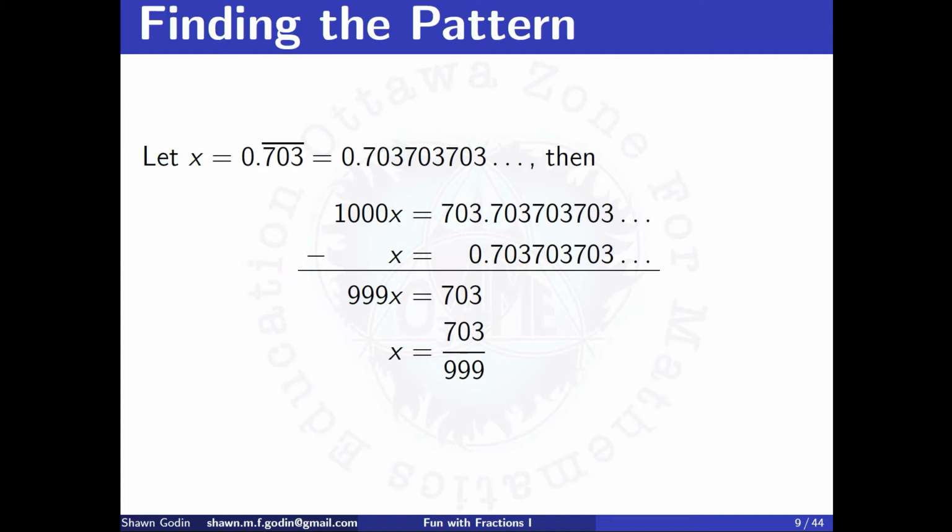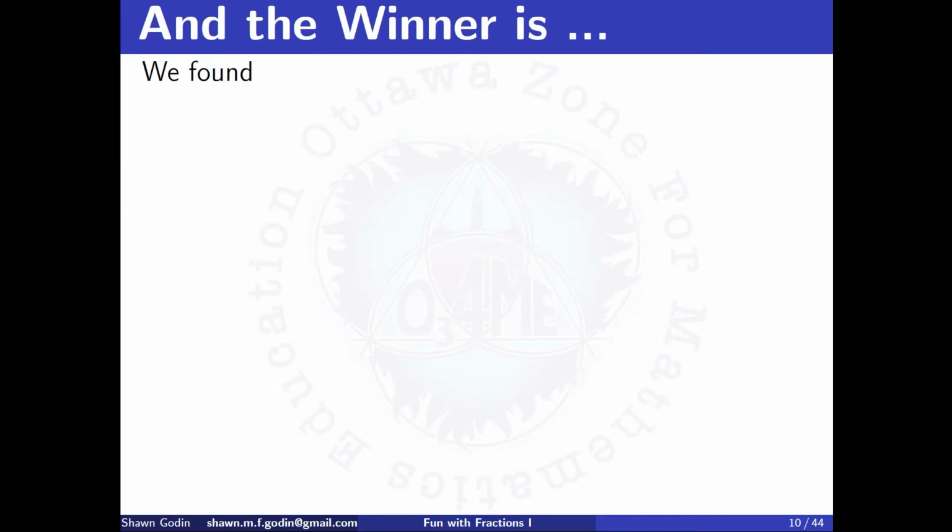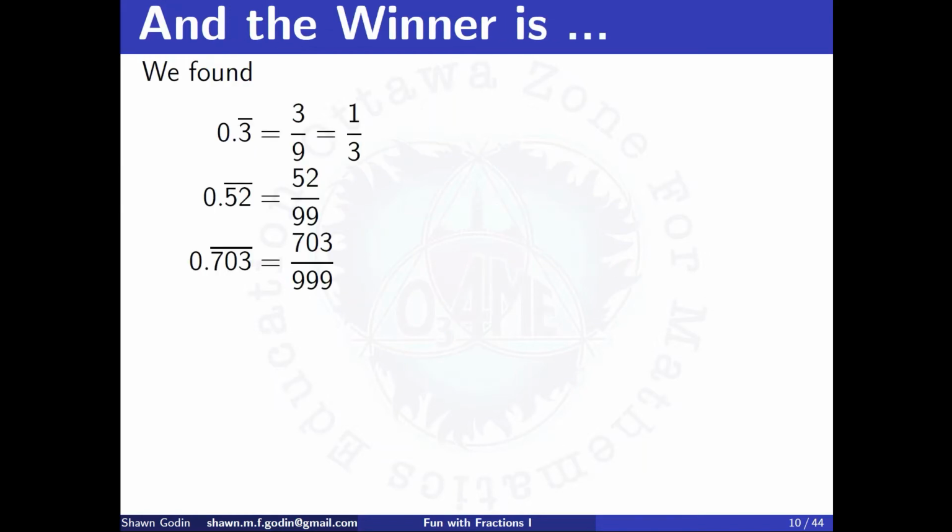So it seems we do have a pattern here. We saw that if I've got 0.3 where 3 is repeated, I had 3 over 9. If I had 0.52 where the 52 is repeated, I got 52 over 99. 0.703, where 703 is repeated, I get 703 over 999.